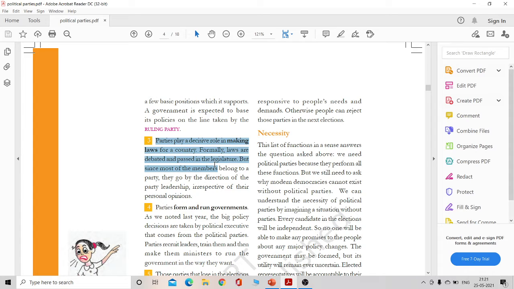They belong to a political party, or they go by the direction of the party leadership, and therefore they legislate laws.